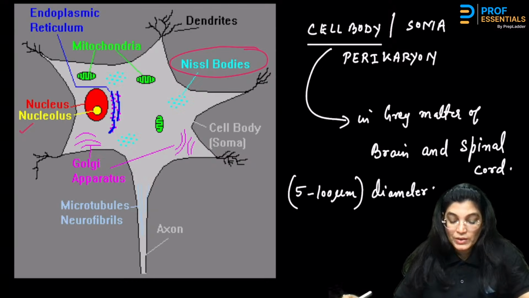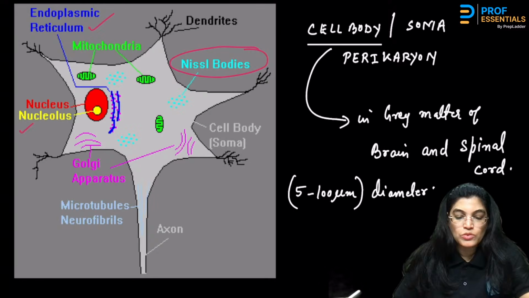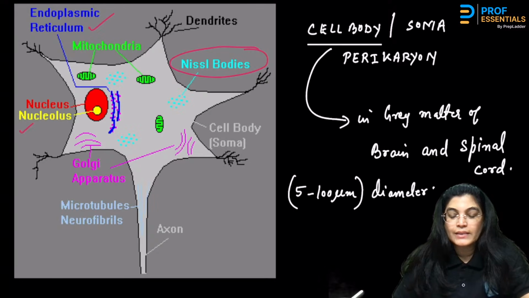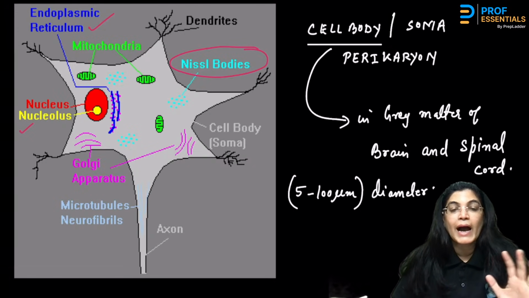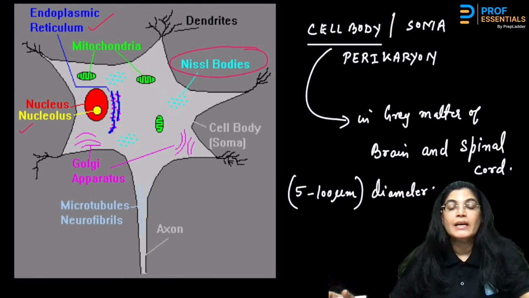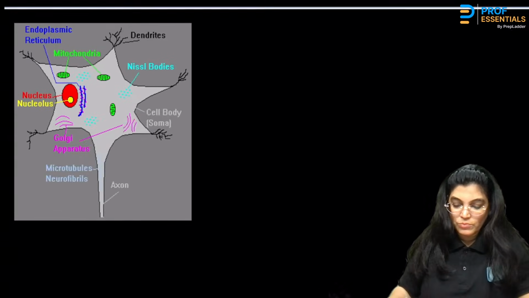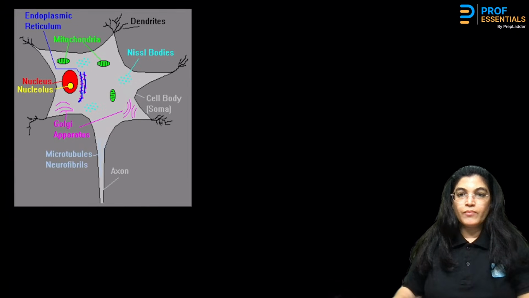It contains rough endoplasmic reticulum and ribosomes. It is also very important that the cell membrane has a trilaminar structure. It has a bilayer of protein, and the intermediate layer is made of lipid. Okay, so it is trilaminar. That is also very important. So let's write a few important points about the cell body.